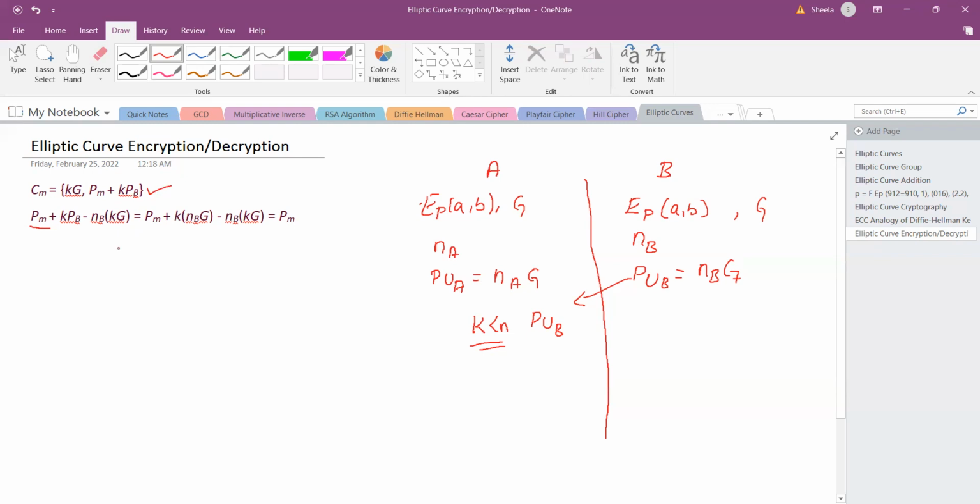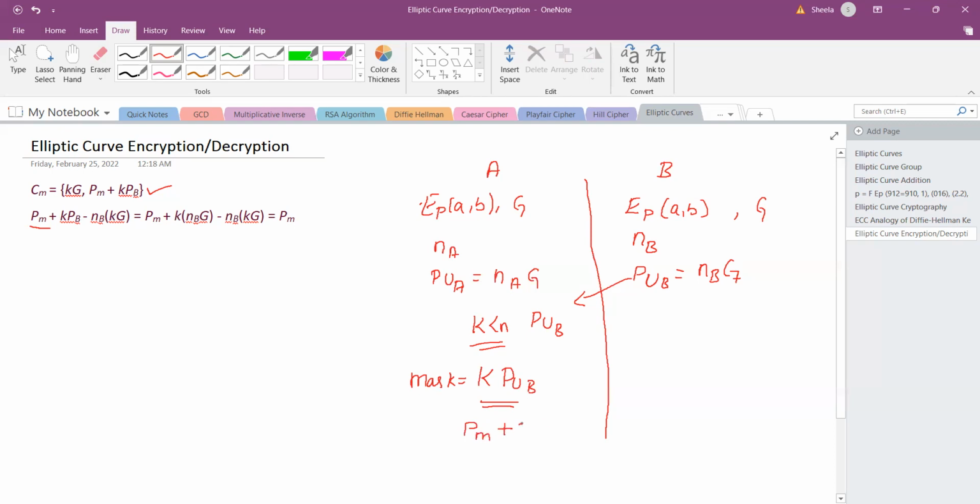To obtain the ciphertext, user A will create a mask, that is nothing but K times the public key of user B. This mask will be added to the plain text.